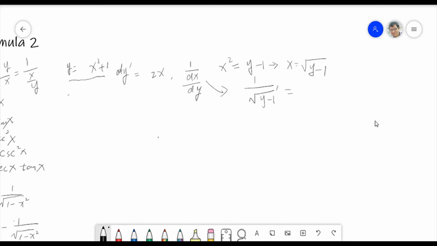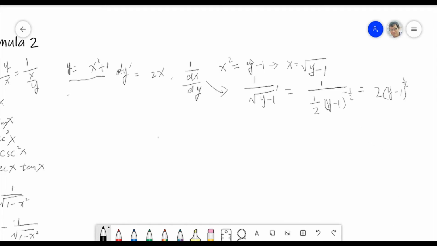This is like the power 1/2, so we bring down the 1/2, and then y minus 1 to the power 1/2 minus 1, which is negative 1/2. Let's simplify: the 1/2 and the 2 cancel, and the negative exponent goes to the denominator, so y minus 1 to the power 1/2.